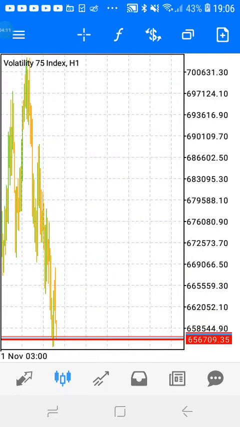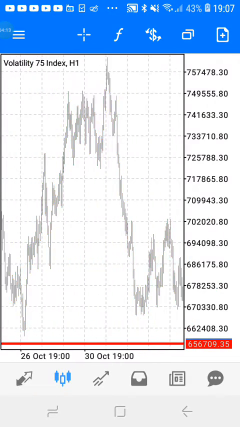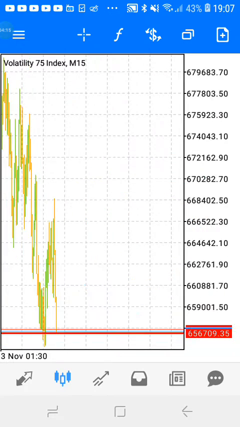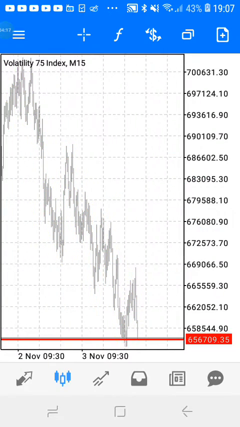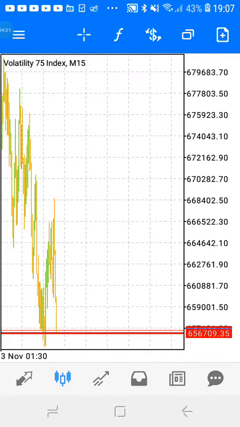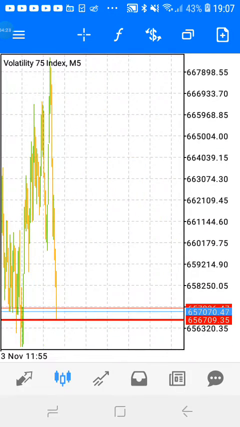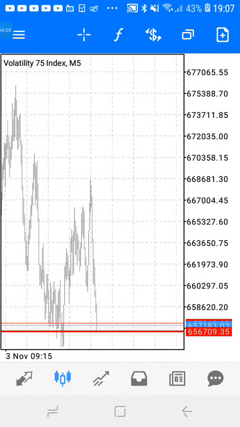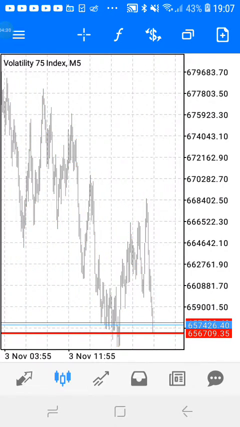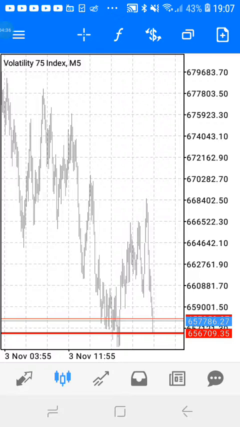Okay, on H1, same story. Let me see on M15 what is happening there. The price is falling. Let me see on M5. As you can see, if you push it to the other side, you can tell that it doesn't fill the whole screen.